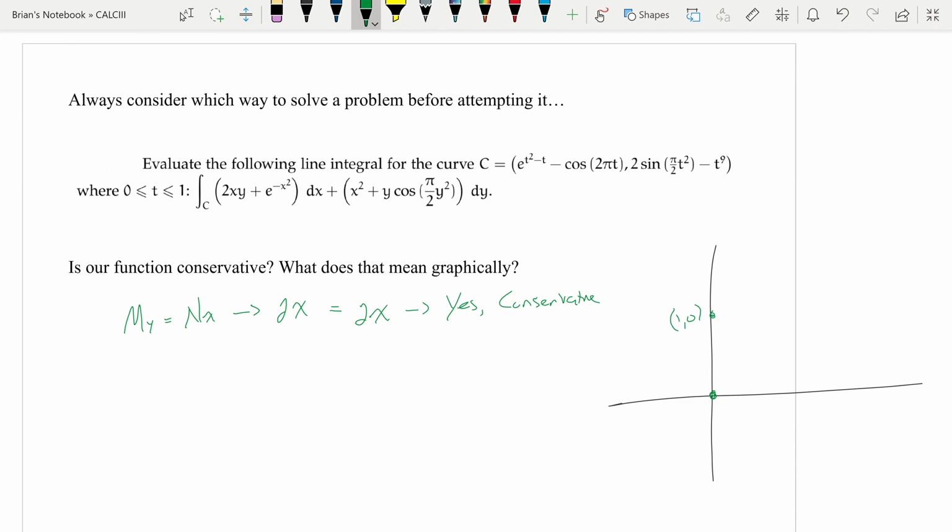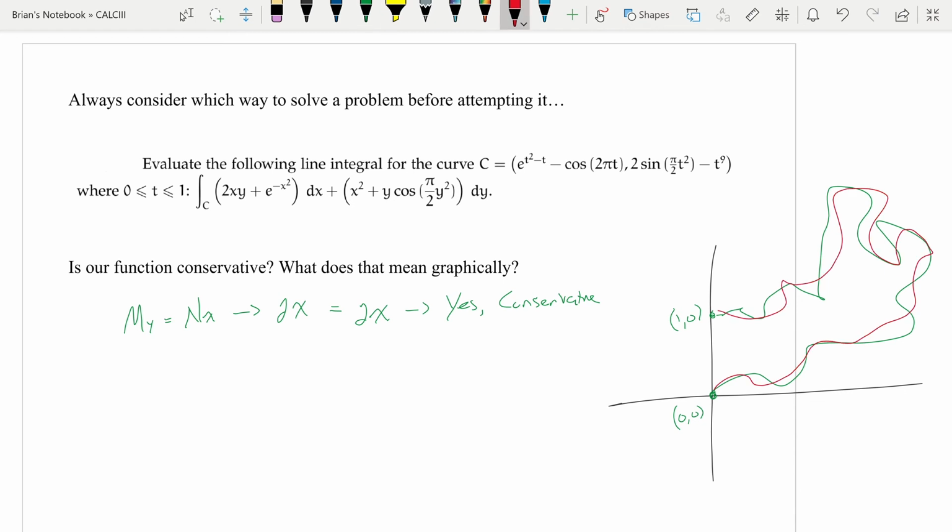But the curve is crazy. It's the e to the t squared minus t, minus cosine of 2 pi t, and if you graph that whole thing, it'd be kind of weird. But because it's conservative, we know that this whole route is the same exact thing as this right here. We might have seen in Butler's lectures, you can basically rewrite the curve if you want to make your life easier. So we could rewrite the curve.